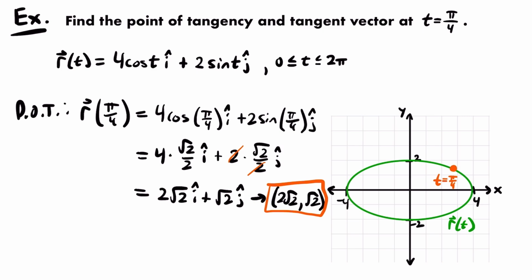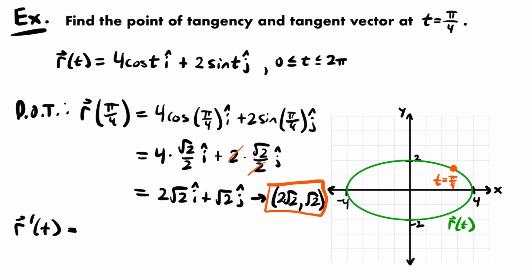And so now we want to find the tangent vector at that value of t, or at that point on this plane curve. All right, and so to find the tangent vector, we have to take the derivative of our vector function. So let's do that. We'll have r prime of t is equal to the derivative of 4 cosine t.